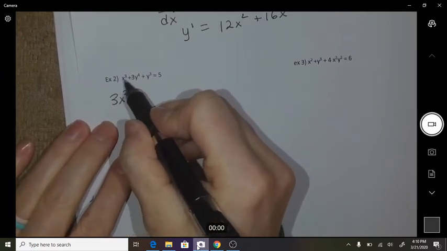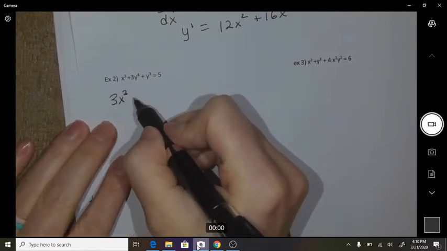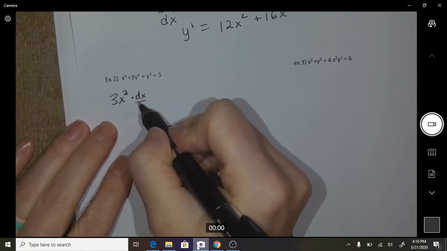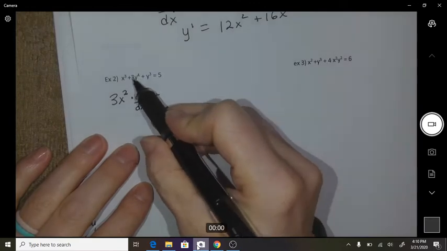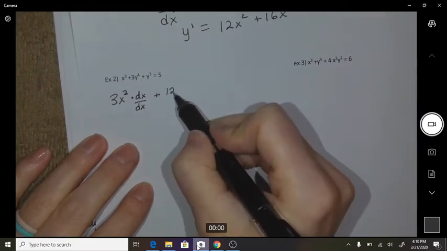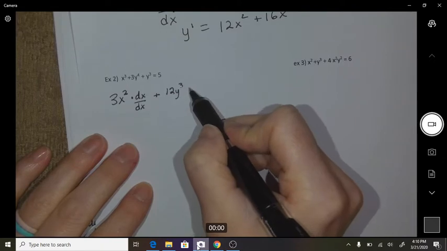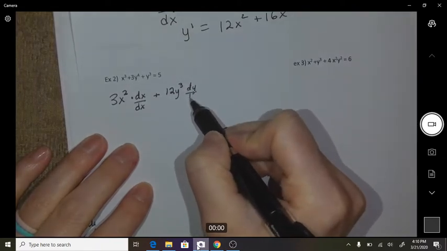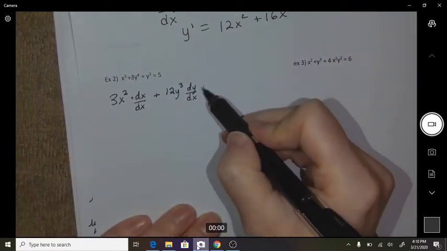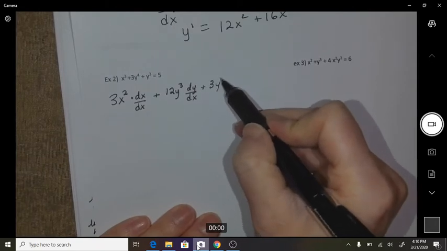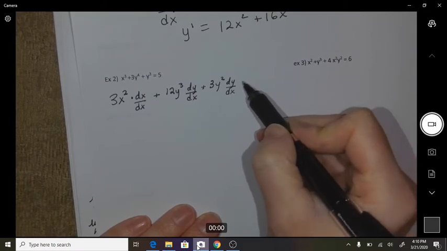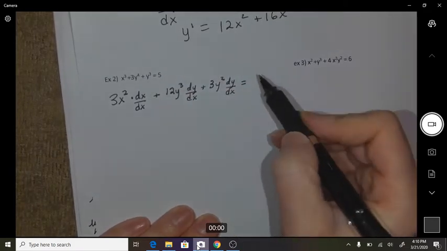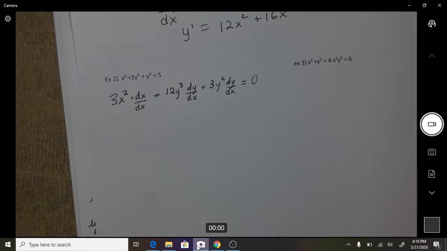3x squared, right, with the rules, and then I differentiated it with respect to x. Plus, this would be 12y cubed, and I differentiated that variable with respect to x, plus 3y squared, and I differentiated that variable with respect to x, and then the derivative of a constant is just 0.